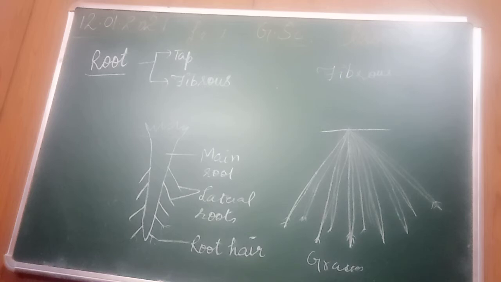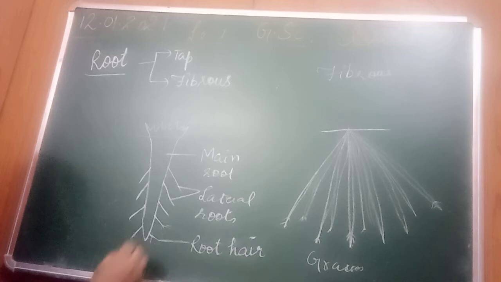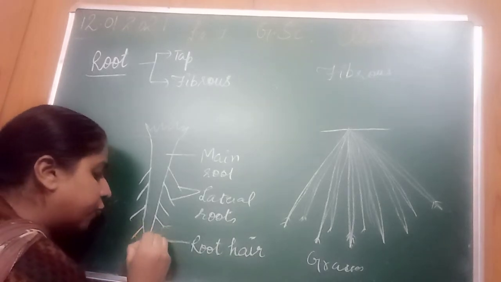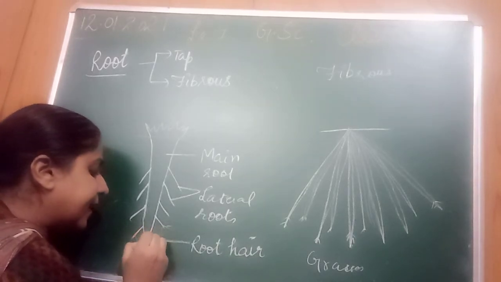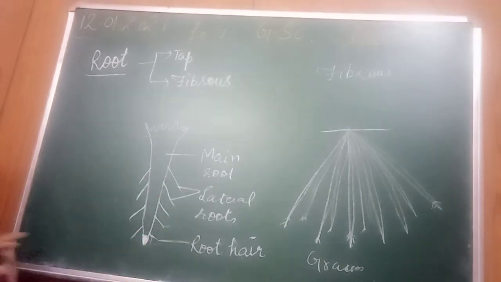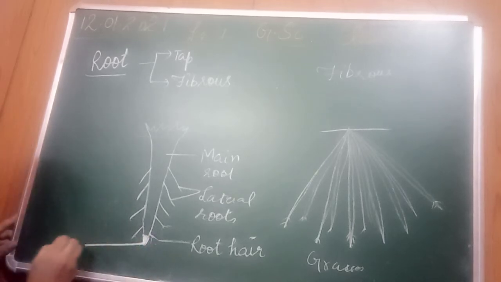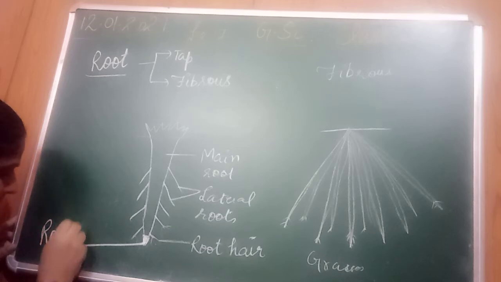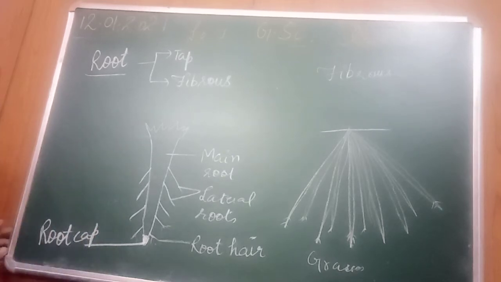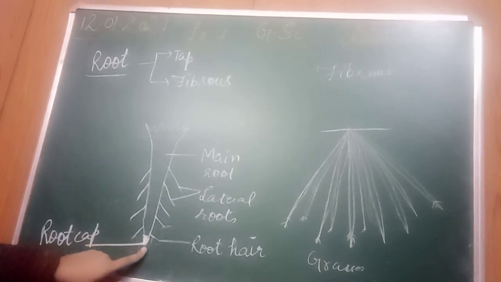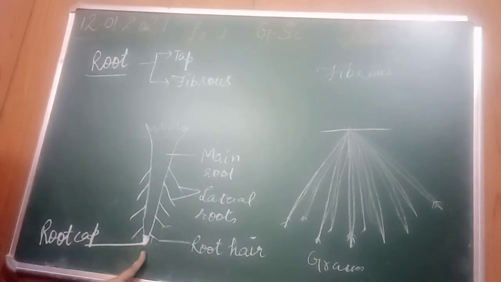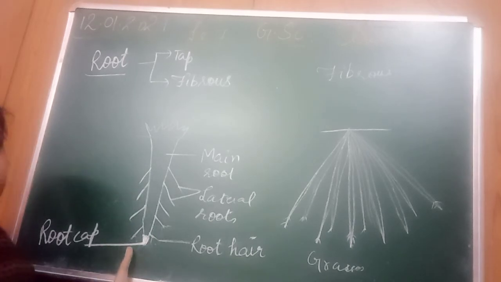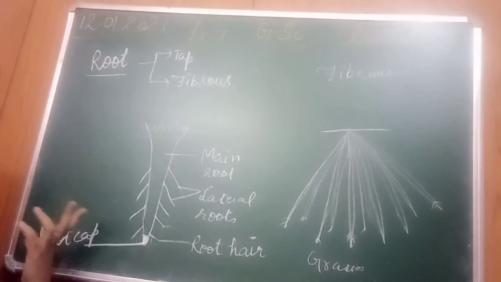Right? Now, children, one more thing. In the case of the main root, the tip of the main root is covered with a cap-like or thimble-like structure, which we call root cap. Right? The tip of this main root is covered by a cap-like or thimble-shaped structure, which is called root cap.